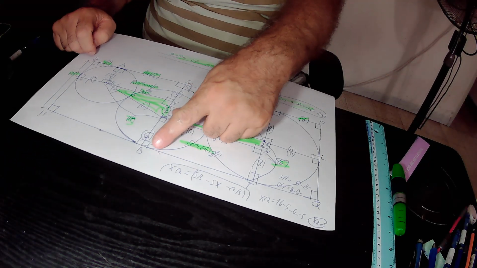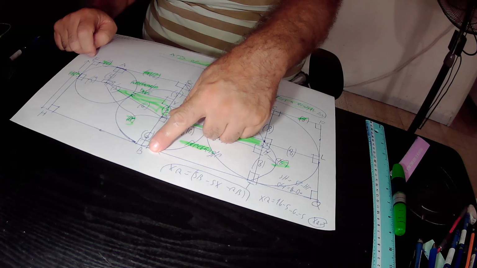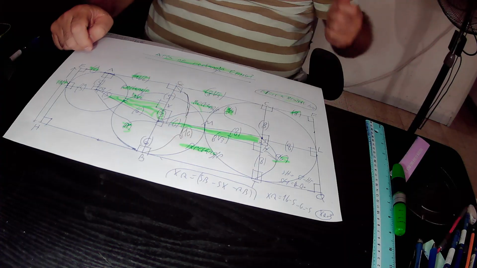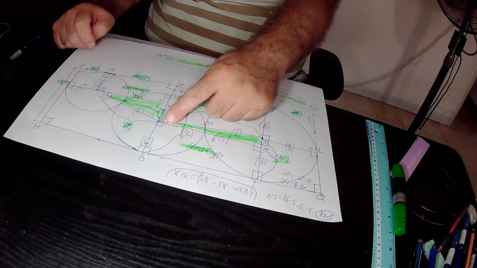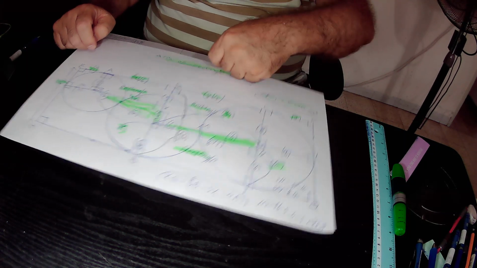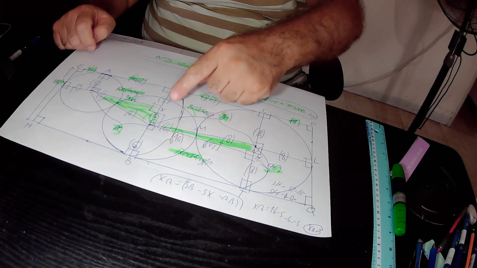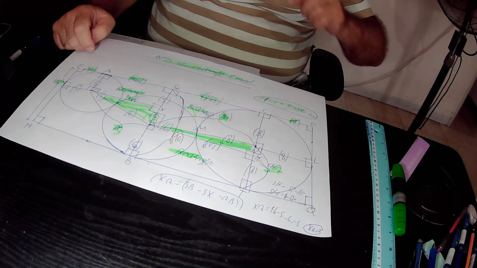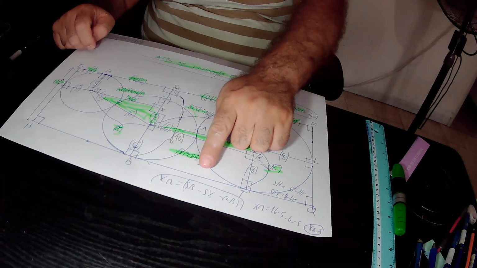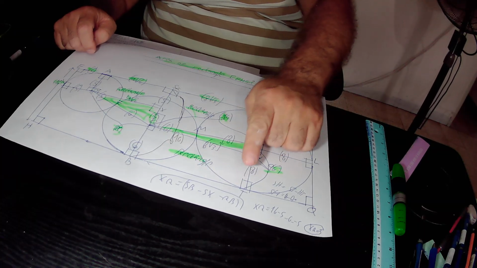We know that QB is the radius of this medium circle. This is equal to 6 units in its length. So what is the length of this line segment XQ? XQ equals SB minus SX minus QB.